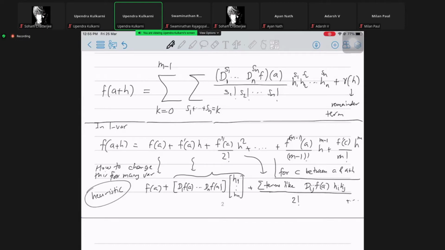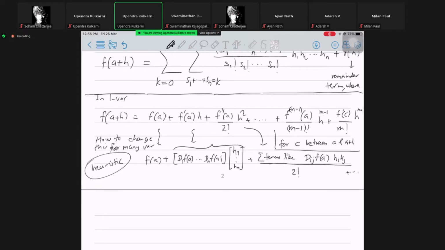What we are going to do in the proof is that it really is going to be just a straight application of mean value theorem. So let me just write it down, and then maybe we can discuss it afterwards. So remainder term R of H, where R of H is of the form... and we can really just write this.